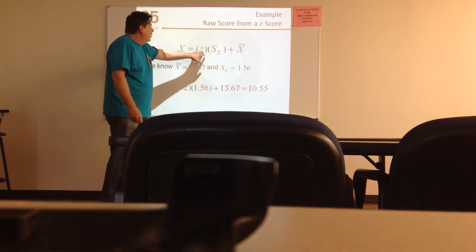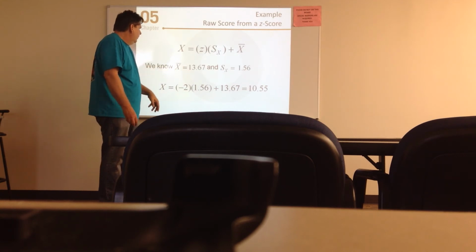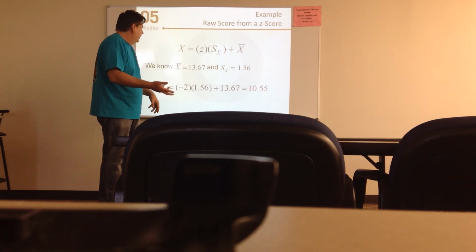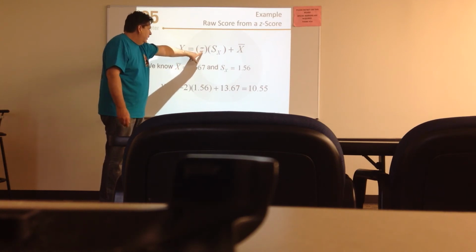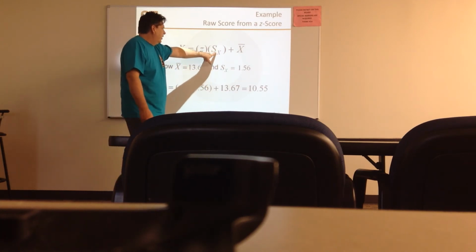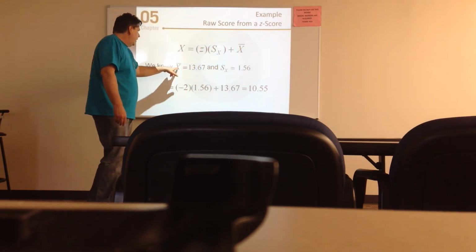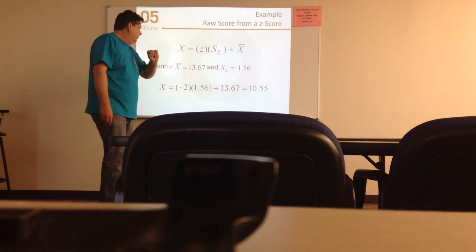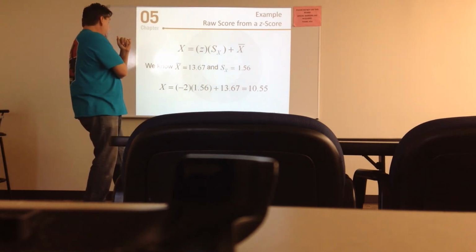Well, this is when I want to convert my z-score to a raw score. So I have a raw score that is equal to my z-score times the standard deviation plus the mean. So let's look at that. I've got a mean of 13.67, and I've got a standard deviation of 1.56.